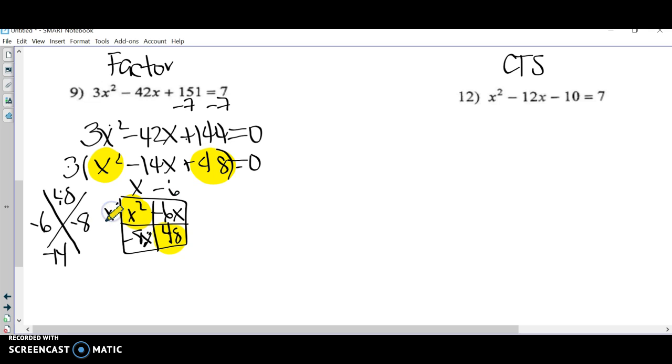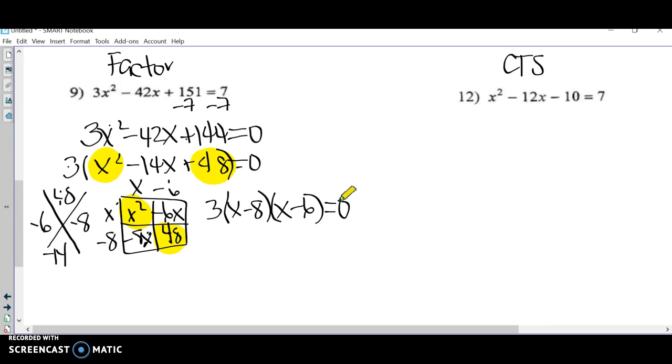Over here, I'm going to have x minus 8. So in total, my factors, not forgetting my greatest common factor, is going to be 3 times x minus 8 times x minus 6. So if I asked you for the factors, you would stop here.